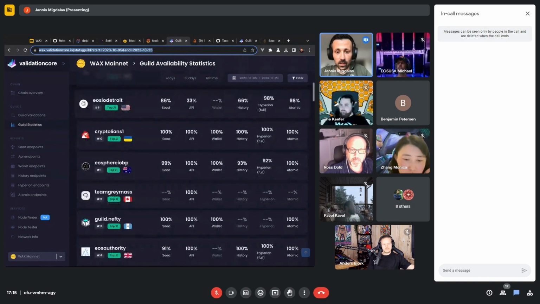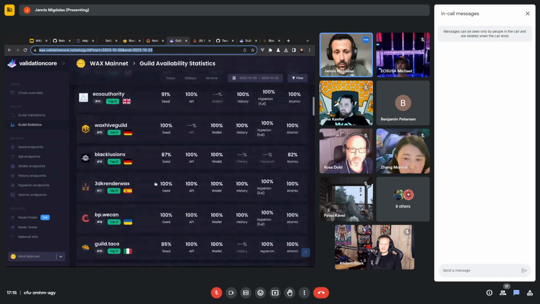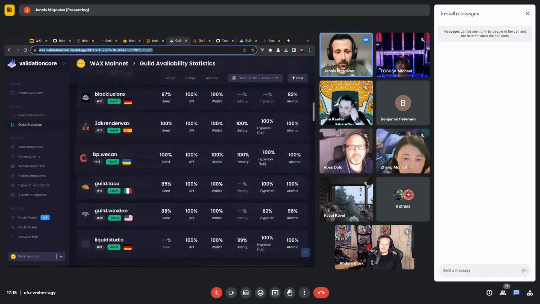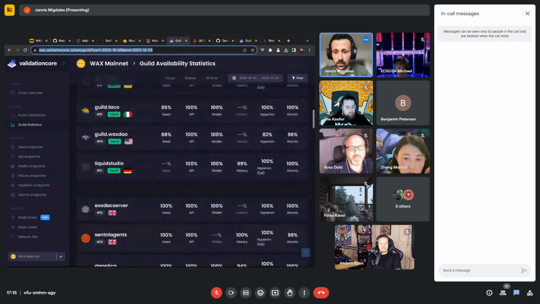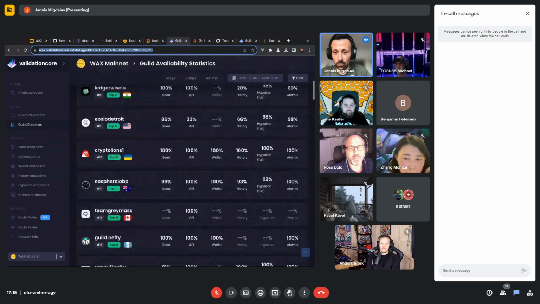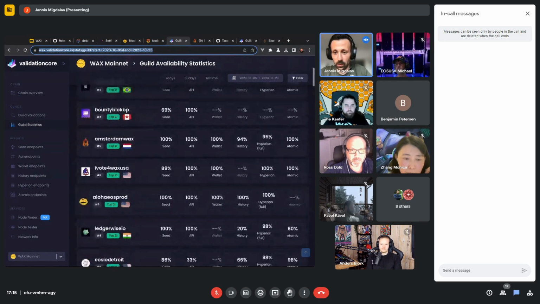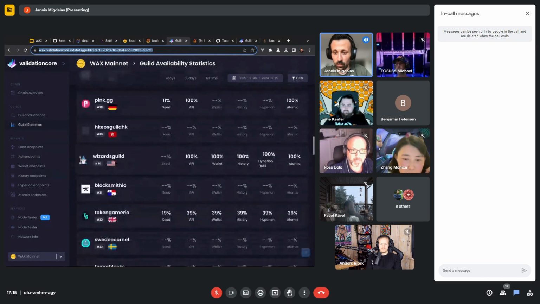And as we see, this is only one reference validation core. We can see that most of the guilds perform pretty well in the TechOps criteria these days. Atomic Assets API, I'm not sure when we had an issue with this one in the past, because it seems to be a pretty stable API at the moment.